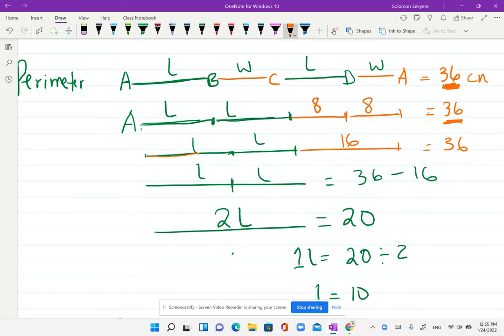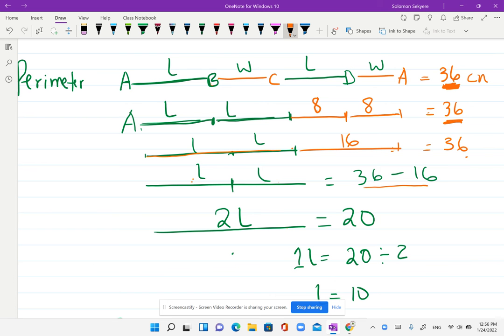So two of the lengths, now we know that two of the widths is 16. We put it together, 8 plus 8 is 16. So two lengths, L and L, is then 36 minus 16, because these two lengths plus the 16 gives you 36.